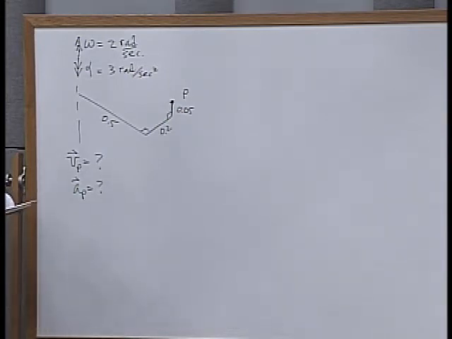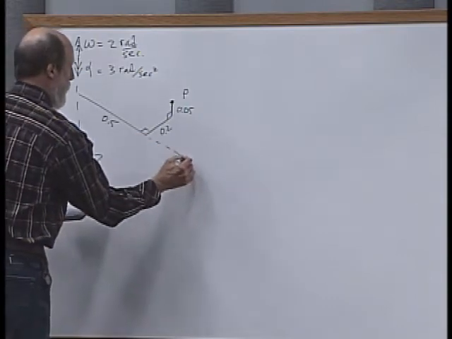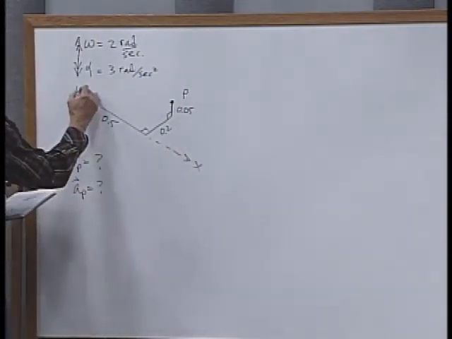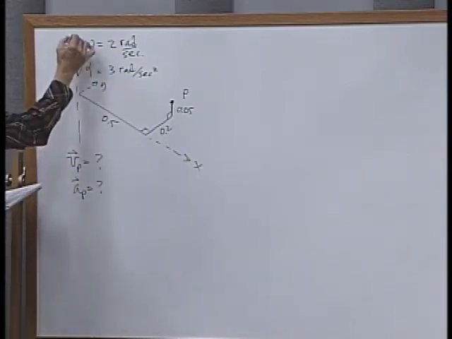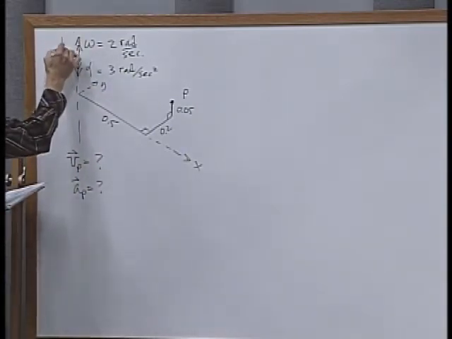Oh, they also define some axes for us. So our x-axis is projected this direction. The y-axis is that way, right-hand rule, and then z is upward.